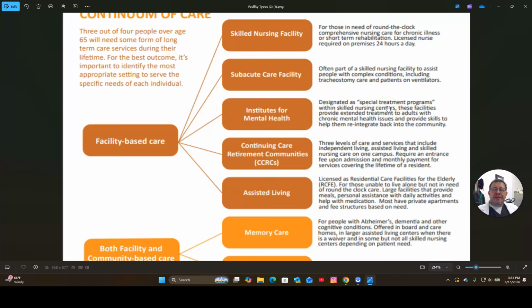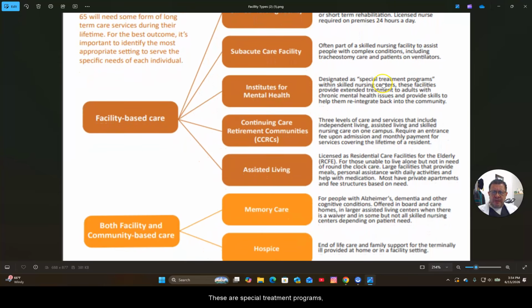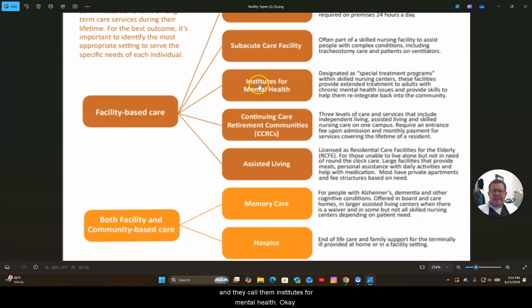Okay, moving on. These are special treatment programs, and they call them institutes for mental health. Okay, essentially, let's just call them mental institutions. Okay, I don't like that, institutes for mental health.